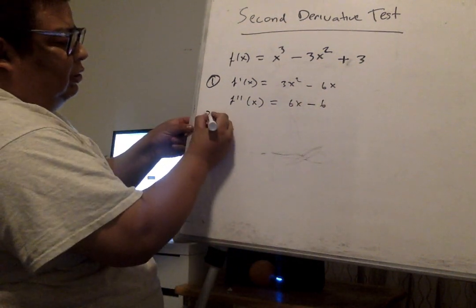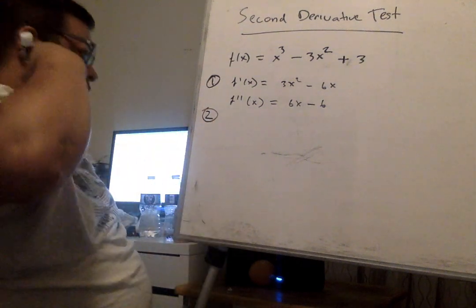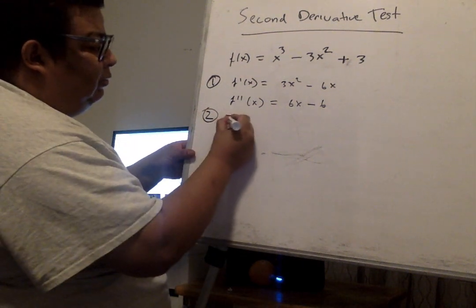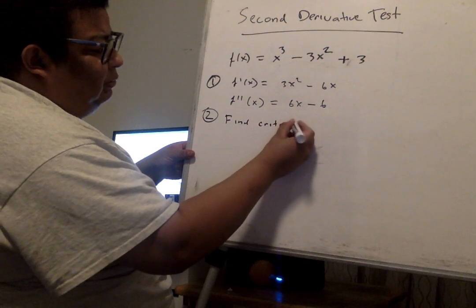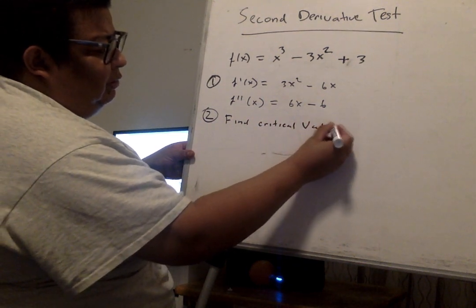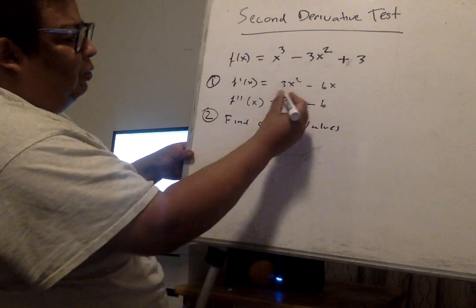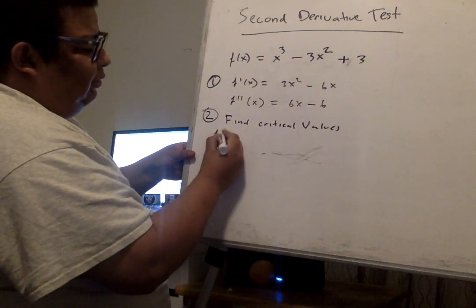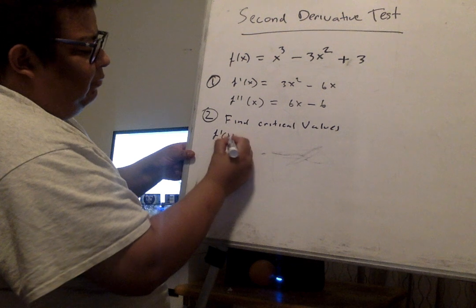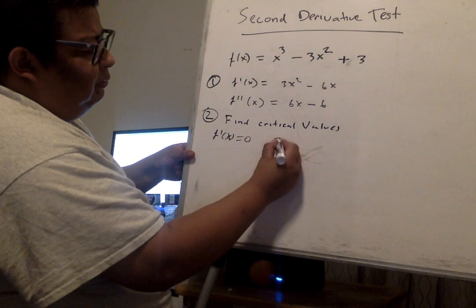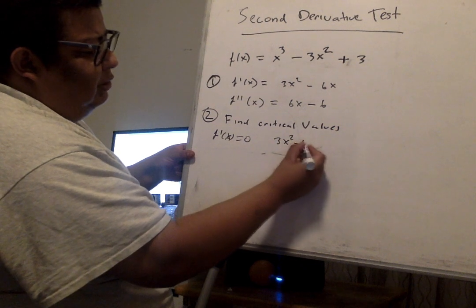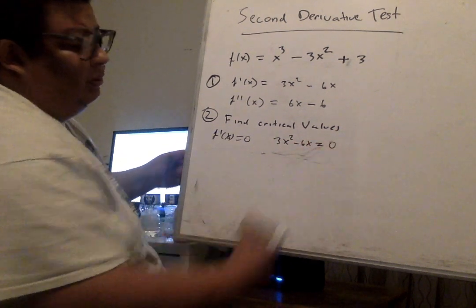Okay, the second step is to find critical values. The way we do it is we set f prime of x equals 0. So that would be 3x squared minus 6x equals 0.